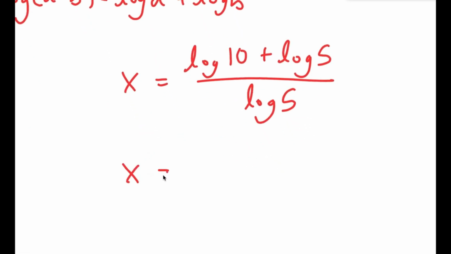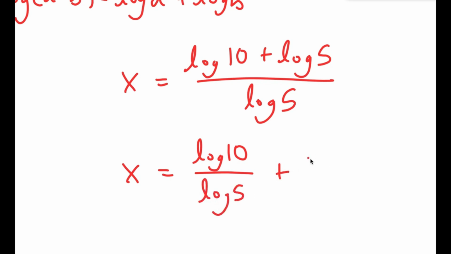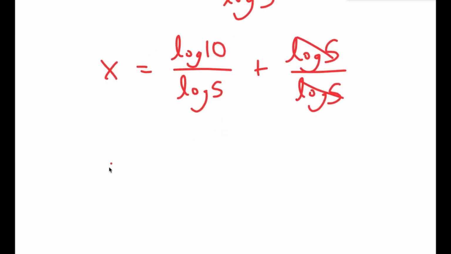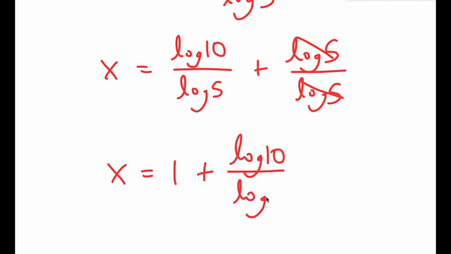So now this is equal to log 10 over log 5 plus log 5 over log 5. Then this turns into 1 plus log 10 over log 5.